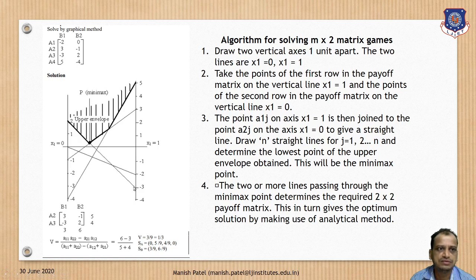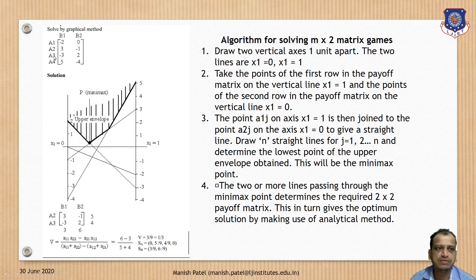This is B1. If you see here, A2 and A3. What is A2 here? 3 minus 1. This one, clear? What is A3 here? Minus 3, 2. So this one and this one, and this point is the intersection of these two lines.